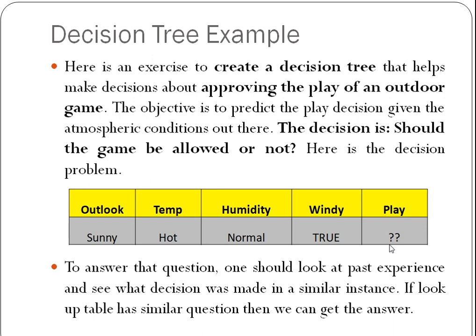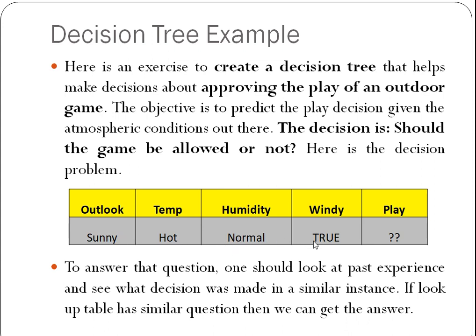But a lookup table is one way of doing it, and it doesn't involve learning from the data. It is just a comparison. Whenever I have a new situation, it goes back to the lookup table and looks for a similar record.